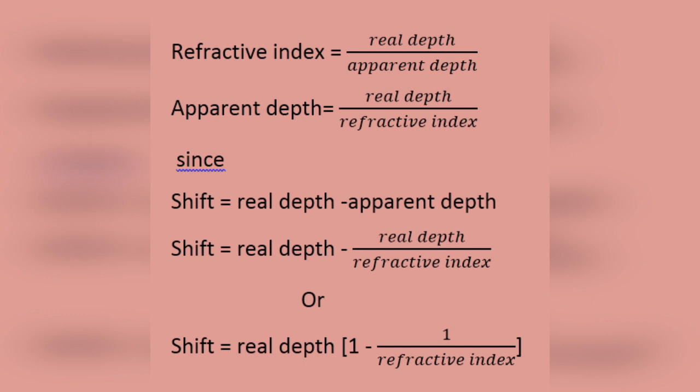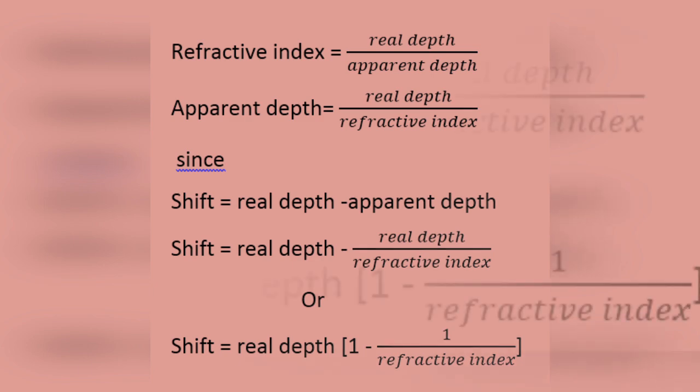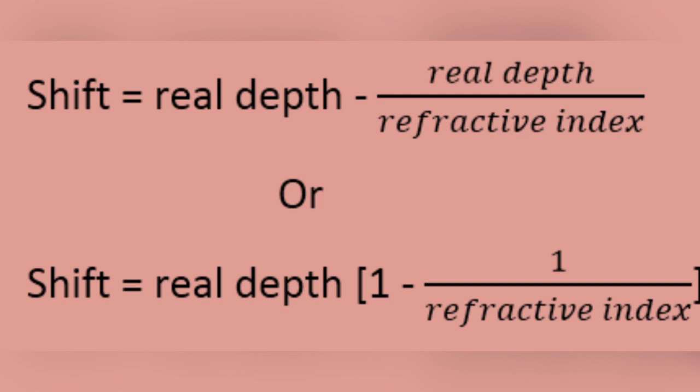Since shift is equal to real depth minus apparent depth, we can substitute the value of apparent depth in the equation, and we will get shift is equal to real depth minus real depth by refractive index, or real depth into (1 minus 1 by refractive index). This is the relation connecting shift and refractive index of the denser medium.